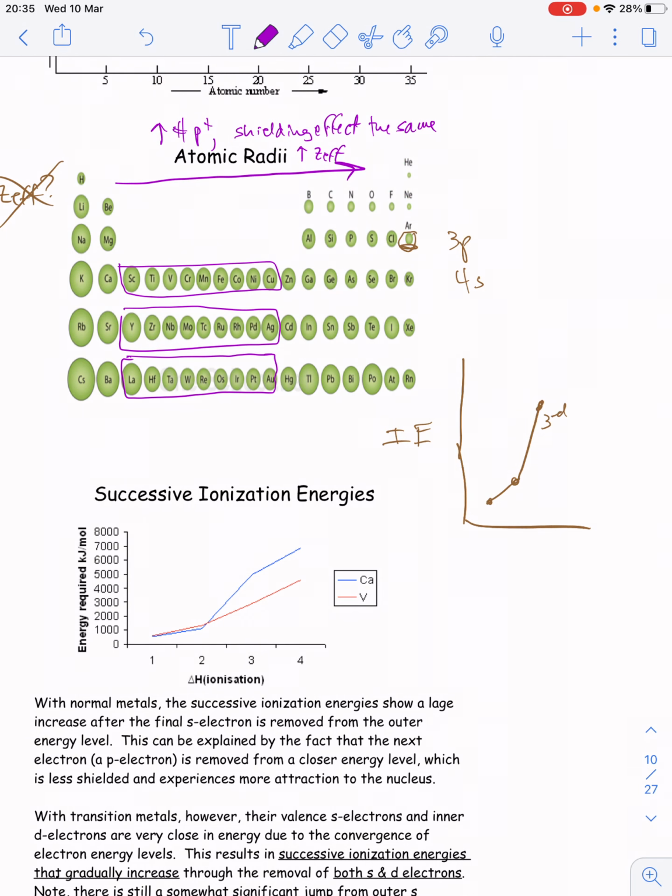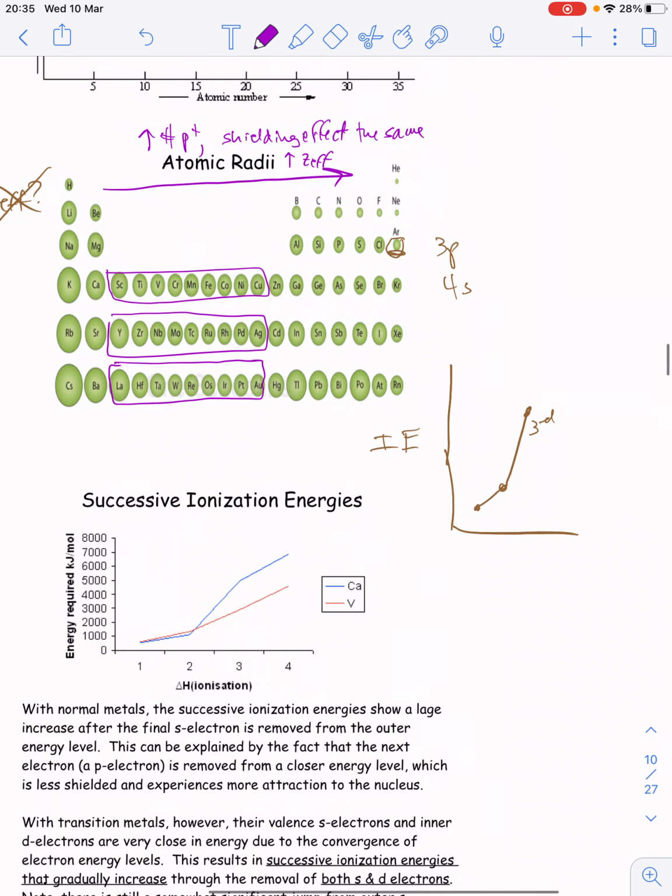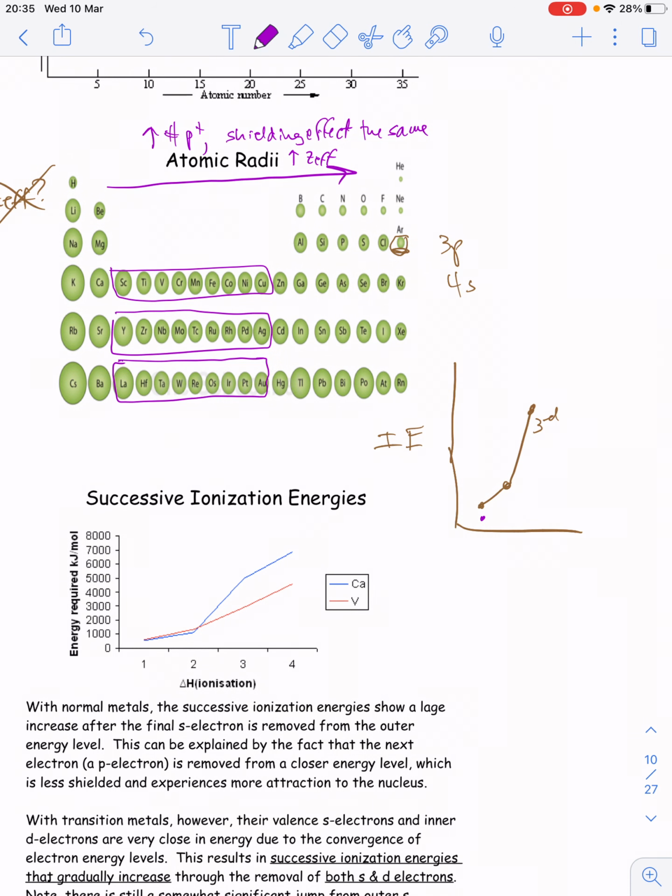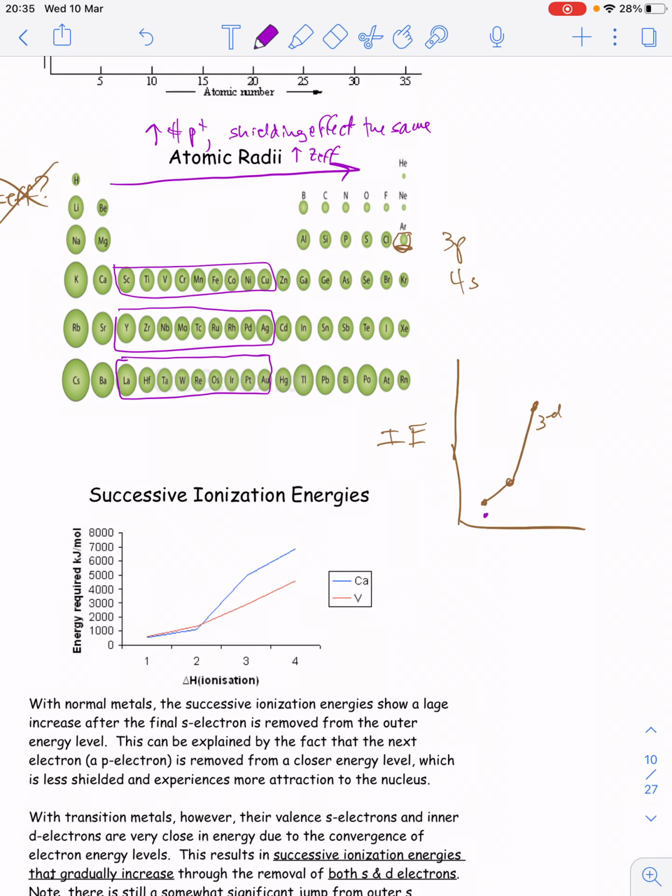And so what we see is that as we take away the first electron, so let's say we're now doing vanadium as is shown here. Vanadium is 4s2 3d3. So we take that 4s electron, we take the next 4s electron, and then we take a 3d electron, and then we take another 3d, and then we take another 3d electron there.